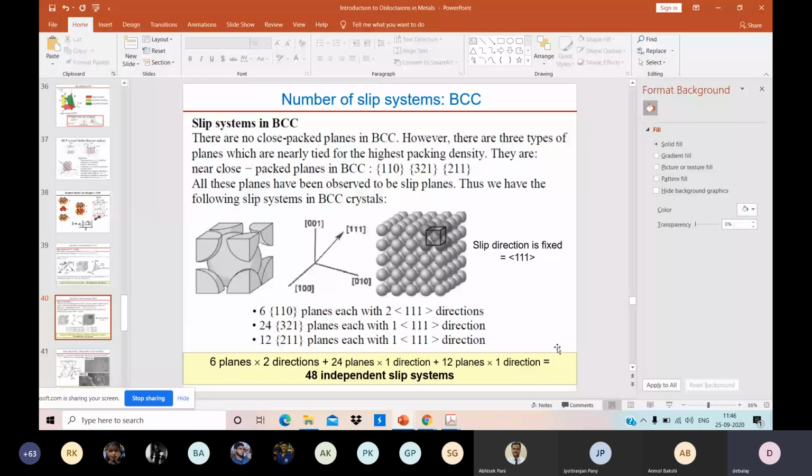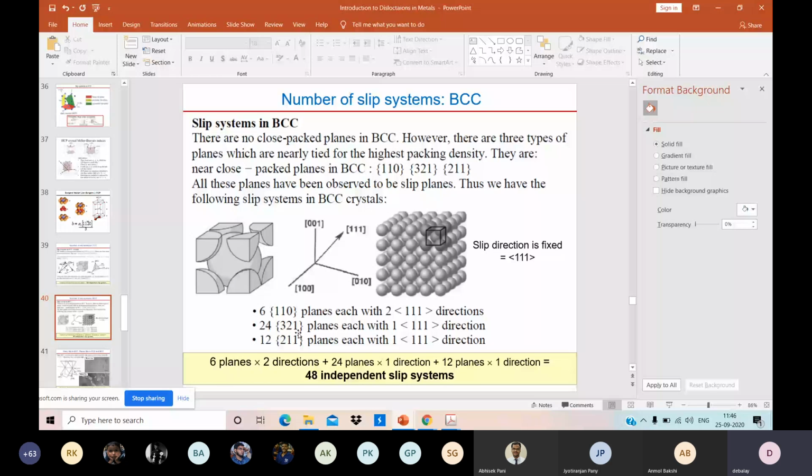In BCC, the calculation is shown of where the 48 slip systems come from. There are 6 independent 110 planes, and each plane contains 2 111 directions. So from here comes 6 into 2, 12. Then 24 independent 321 planes, non-parallel planes, each containing 1 111 direction, so from here comes 24.